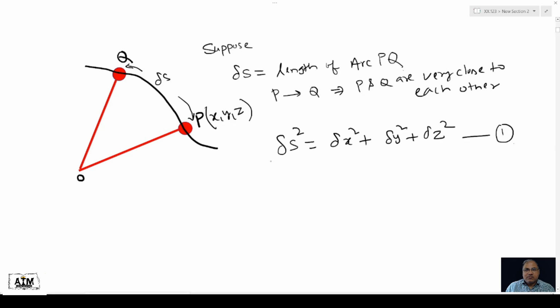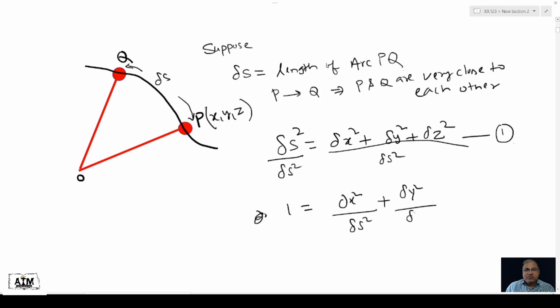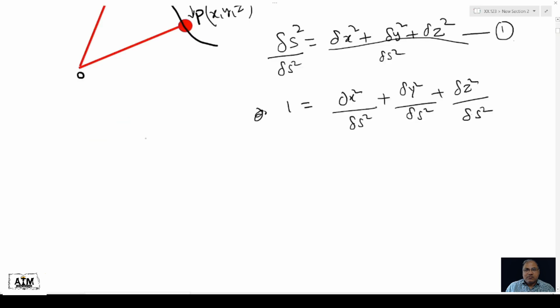Now dividing both sides by delta S square. So we get 1 equals to delta x square upon delta S square plus delta y square upon delta S square plus delta z square upon delta S square. Now as point P approaches point Q, delta S is almost tending to 0.